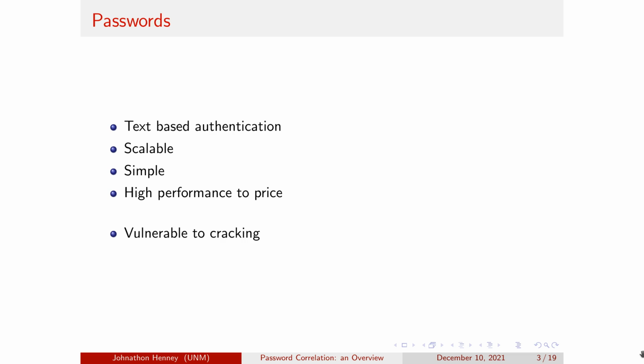And it's a very simple method also because the admins only have to provide text boxes and then a few algorithms to securely store these passwords. And all the user has to do is remember it and then type it in when they're trying to get into information. And one of the other big benefits is they are very high performant when they're done right, because passwords are very hard to break, even though every single password can be broken given enough time and compute.